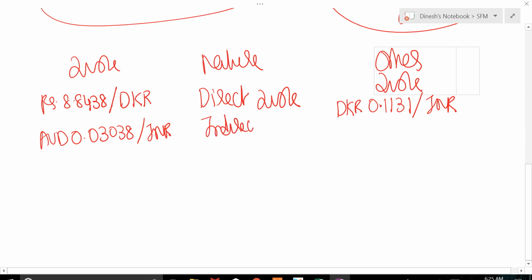You can convert and tell me a 2 decimal number, that will also be okay. Divide and tell me a 2 decimal number. INR 0.9. Clear? Like this you keep doing it, complete the balance part.